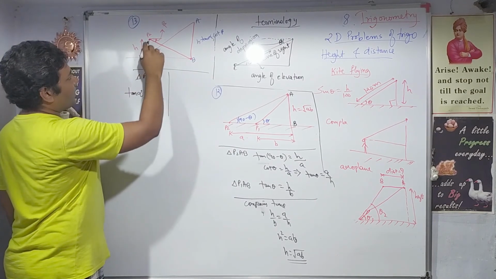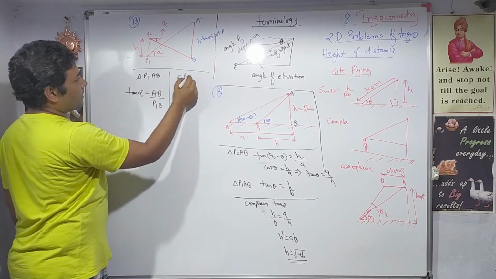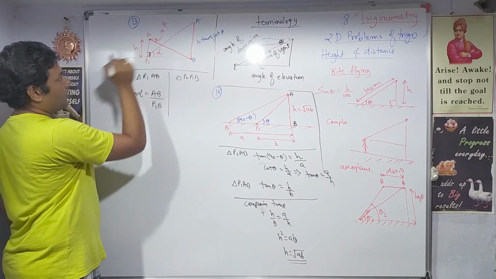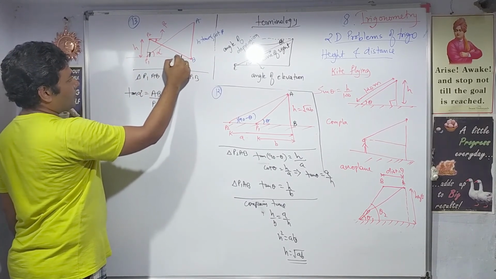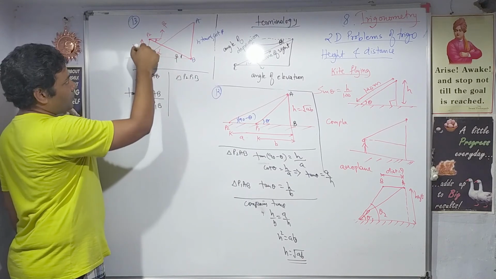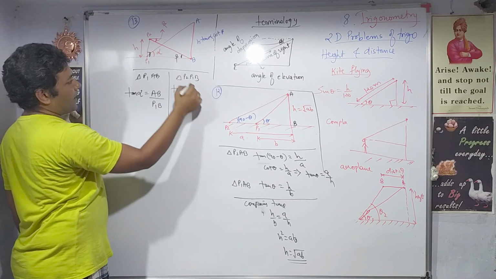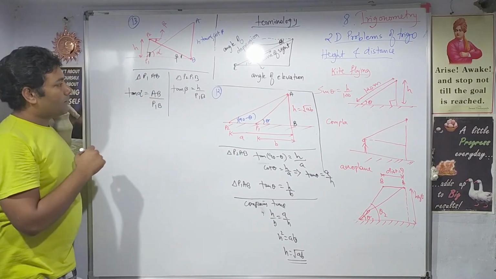And similarly, if I take the other triangle, triangle P2P1B, this is also a 90-degree triangle, right? This angle is 90 degrees. So this angle is beta, so this angle must also be beta. So tan beta will be perpendicular over base. Tan beta, perpendicular is h and base is P1B, right?